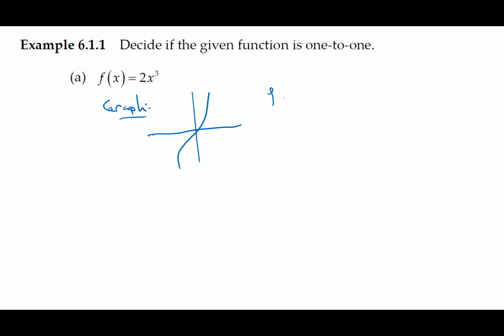So f is increasing. And if f is increasing, then it's going to need to be 1 to 1. We haven't proved that, but it kind of appeals to your intuition. So f is 1 to 1. Don't worry, we'll prove it in a moment.